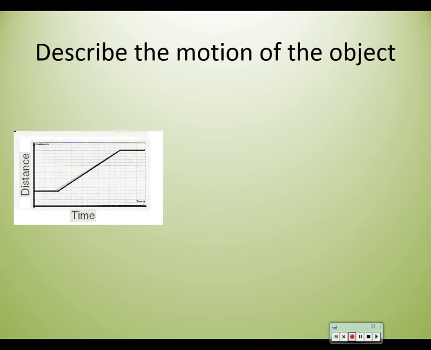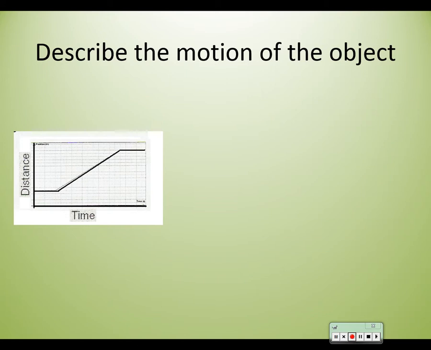But then what happens after a little bit? The distance starts increasing. How is the distance increasing? It's going up steadily, right? It is steadily increasing distance. What other word could we use or description could we use?